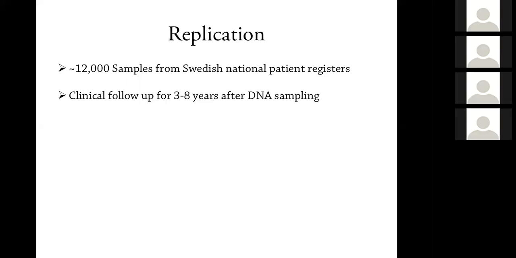And what's even more interesting, they were followed up after the DNA sampling. With such a cohort, we were hoping to answer the question: if we see a mosaic protein truncating variant in one of those genes, can we get back to that patient and see whether in 3 to 8 years the patient actually developed solid tumor cancer?